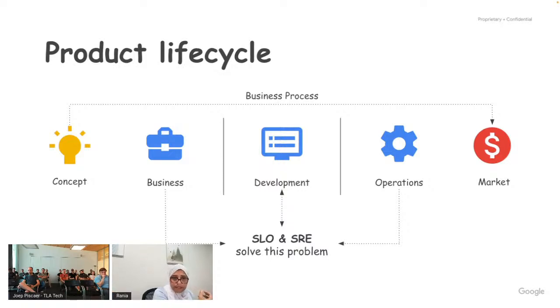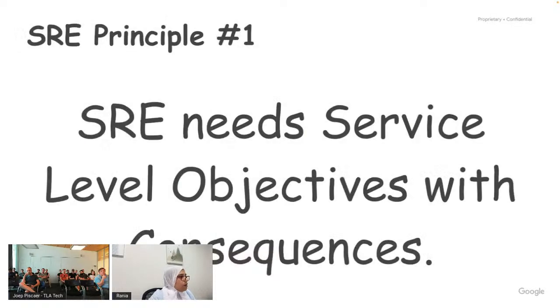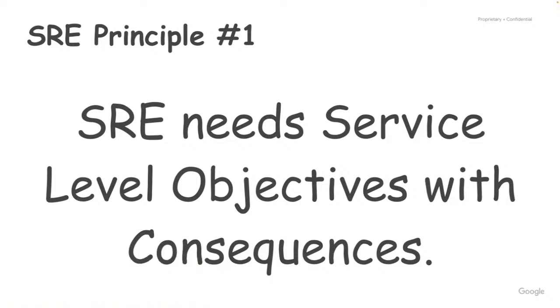So it's really blending the agile concept inside the DevOps concept and driving things by facts from production. This is the first principle. As I mentioned, we have three principles. The SRE needs to have service level agreement, SLO, and consequences.